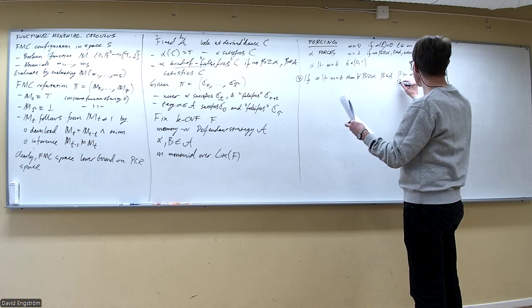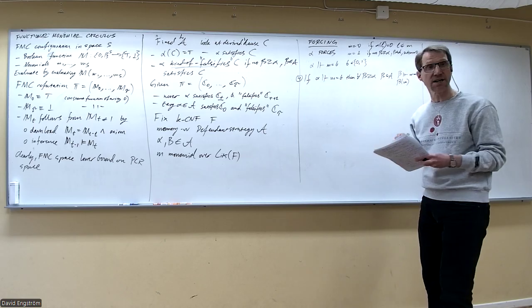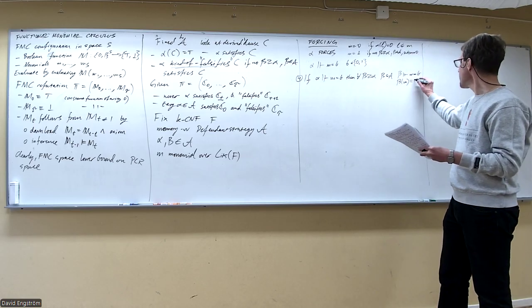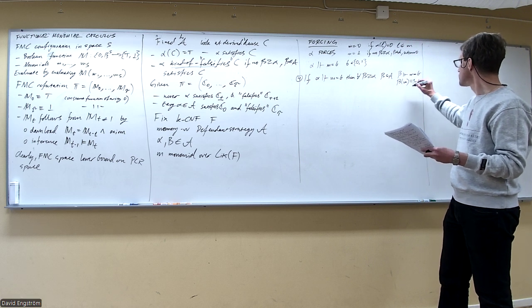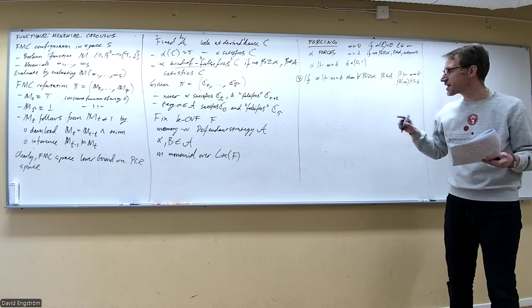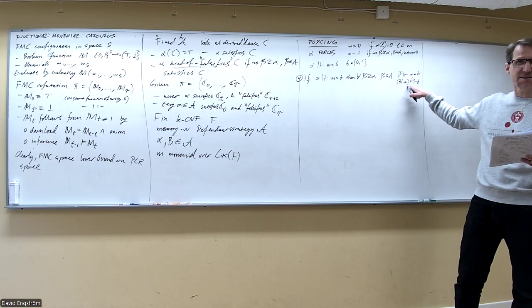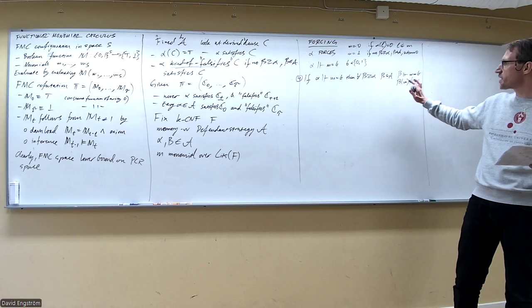And in particular, it can never be that any beta actually assigns M to the opposite value. That can never happen, and this is obvious by definition.